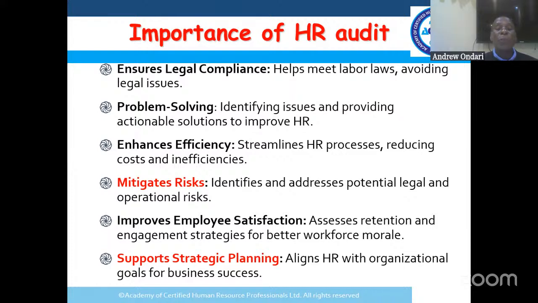For example, if an organization is intending to open new branches as part of its growth strategy, it needs to recruit talent to occupy those branches. Recruitment is a function of HR. So through recruitment and selection, HR managers are able to support the strategic plan of an organization, which is growth.